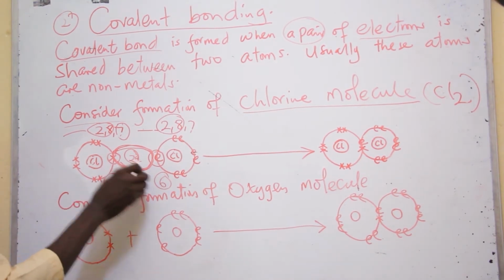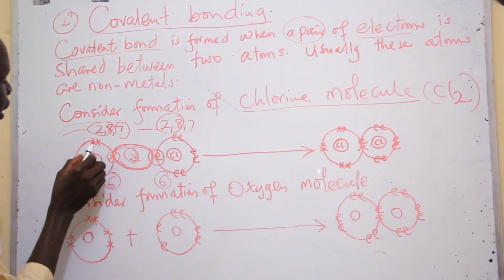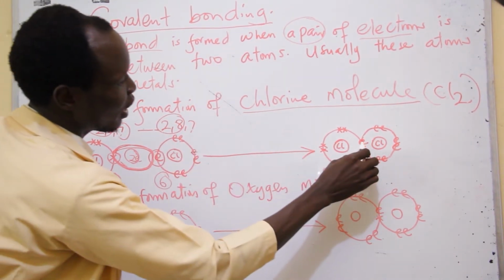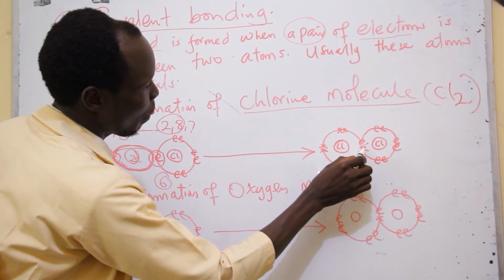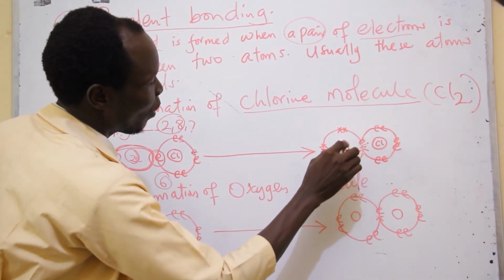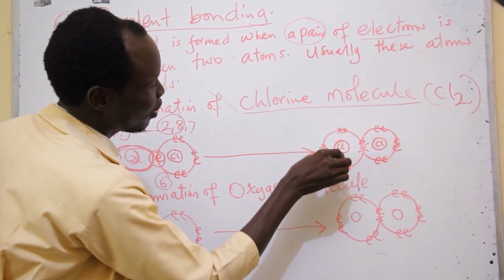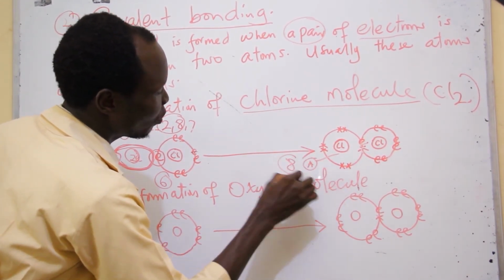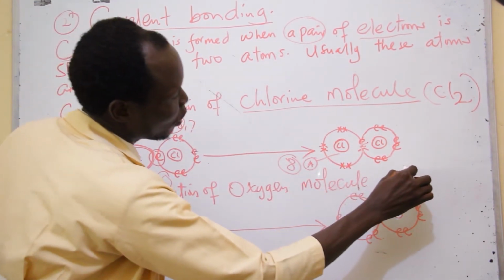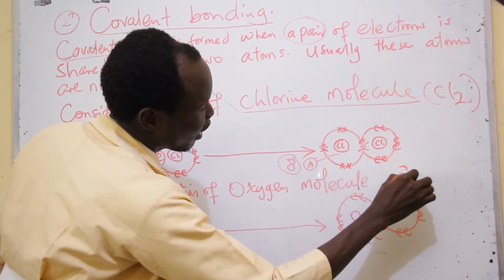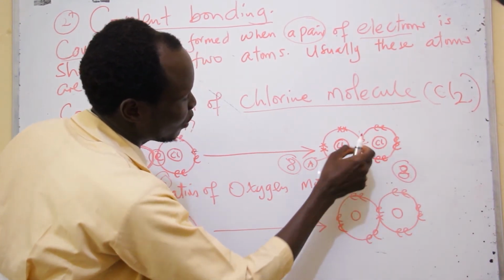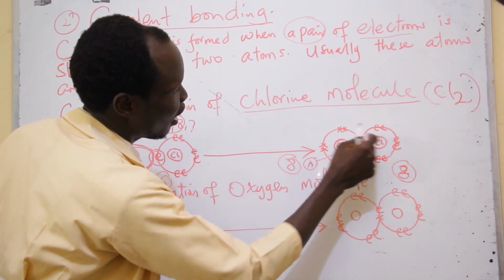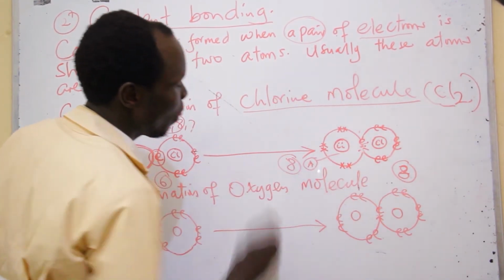As you can see, one electron is represented by X and the other by a small e. So the outermost of atom A will have 8 electrons and is stable. Even this one will have 8 electrons and will also be stable. They are sharing 1 pair of electrons between the atoms, hence forming a molecule.